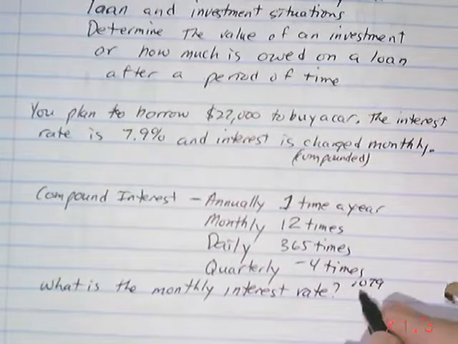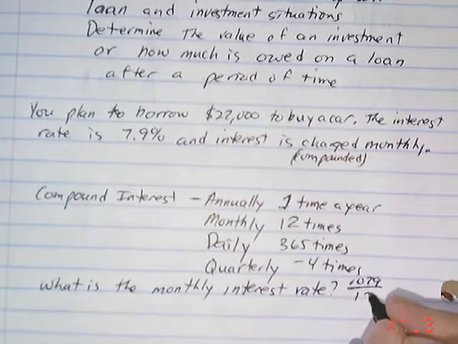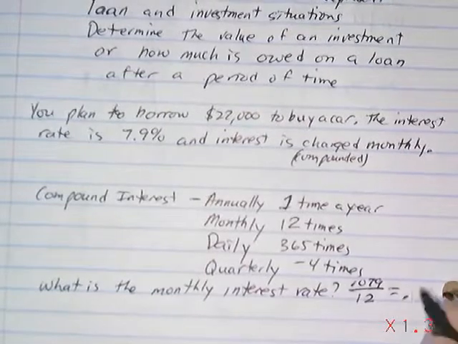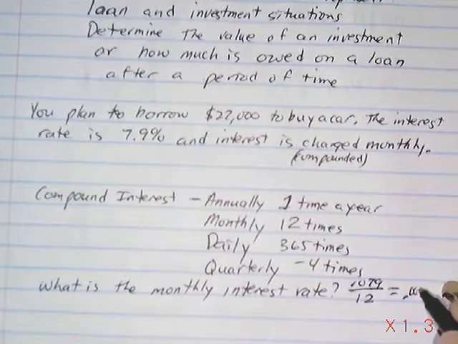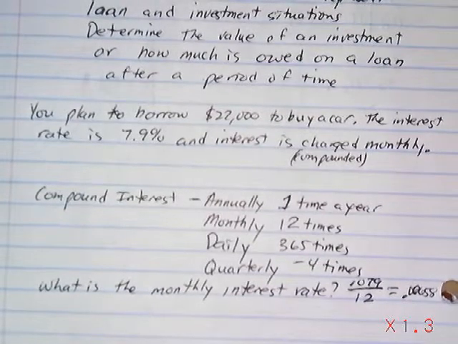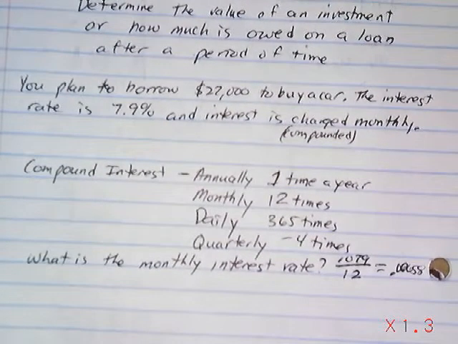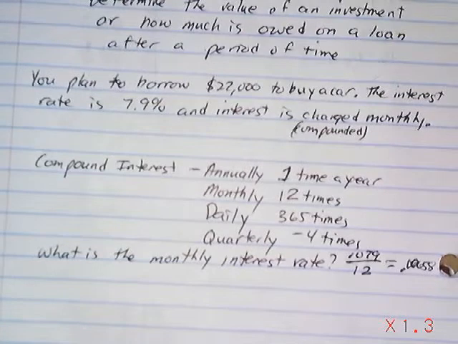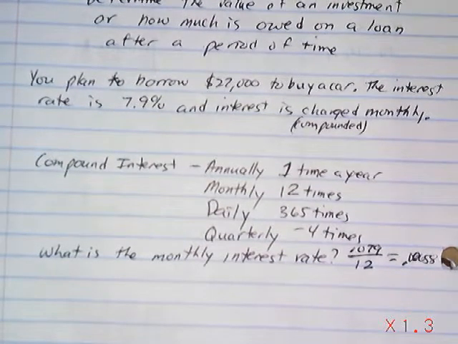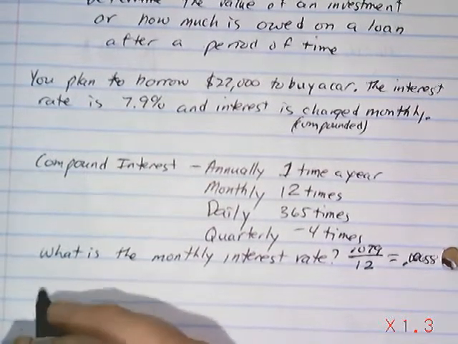Well, they are charging us on the whole $22,000. So we have $22,000, and we multiply that times our monthly interest rate of 0.00658. And that gives us about $144.76.